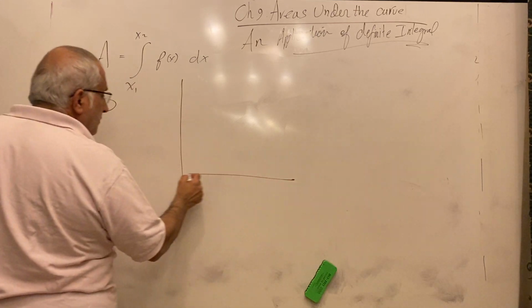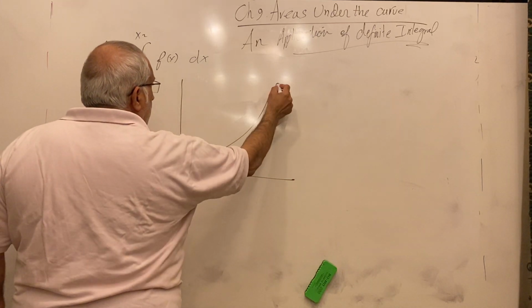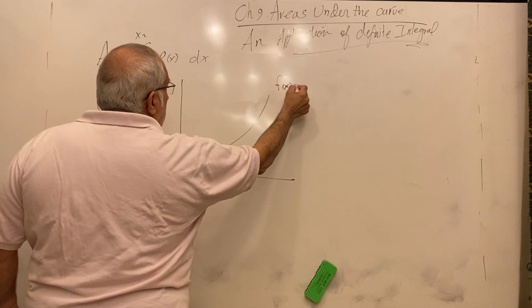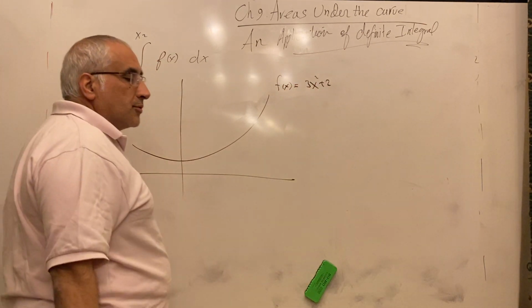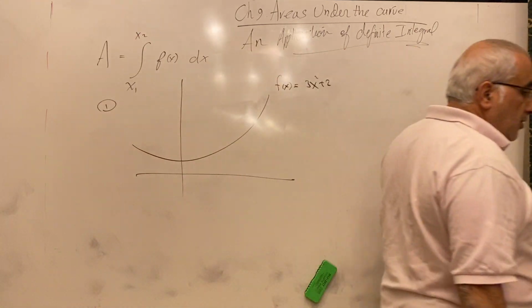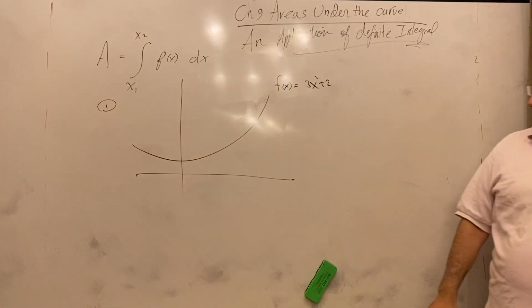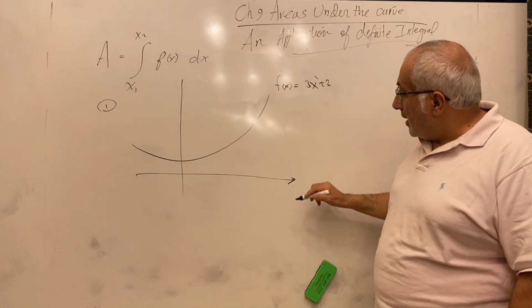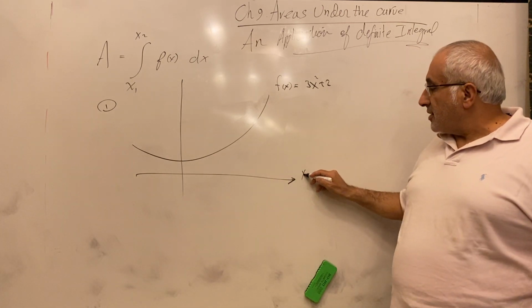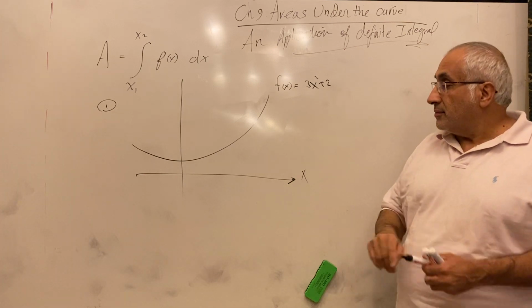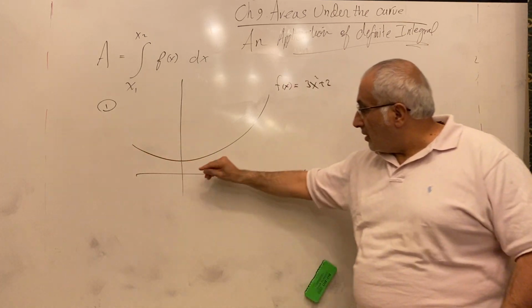I have a function called f of x, which is 3x squared plus 2. All right? That function, there is an area bounded between this function and the x-axis. Now, where is the area? All the way until here.